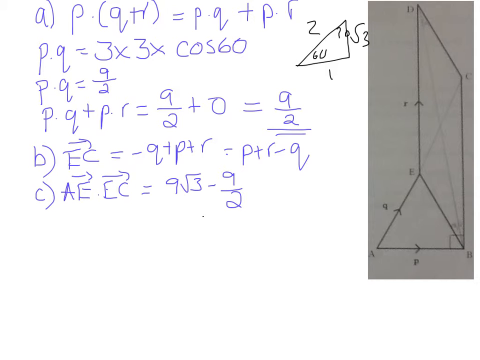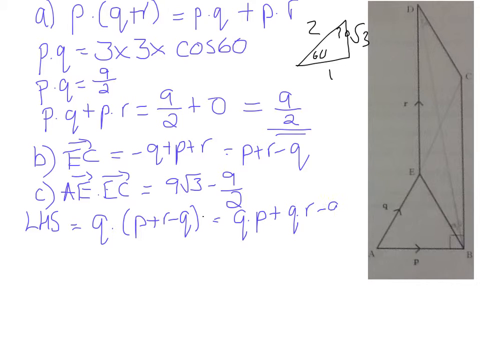Because we've been asked to find EC in terms of P, Q and R, what we might want to do is also find AE in terms of P, Q and R. AE is just equal to Q. So this dot product here, the left-hand side, is actually equal to Q dot EC, which was P plus R minus Q. So that is Q dot P plus Q dot R minus Q dot Q. Q dot P is the same as P dot Q, which we've already worked out to be 9 over 2.